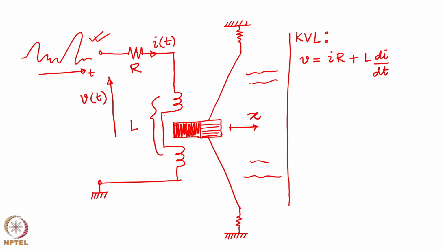And then there is this current. That current causes a force F on this bobbin, the core.